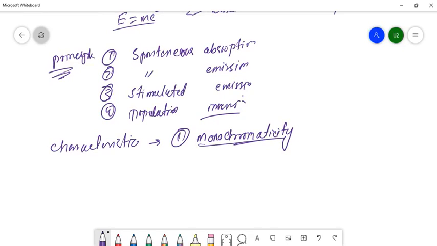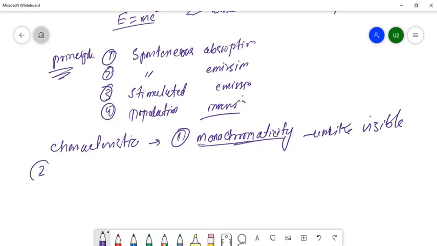It produces a single color, unlike visible light, which is comprised of 7 different colors, besides different wavelengths and frequencies.